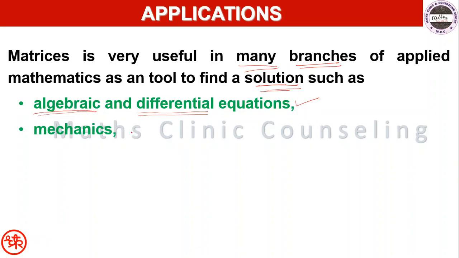So this is widely used in mathematics. Mechanics: in mechanics also there is wide use of matrices, to find various forces and other things, right? Then theory of electrical circuits. In electrical it is widely used, as image processing to make a given figure dark or to make it brighter than usual, that is the inversion of an image.